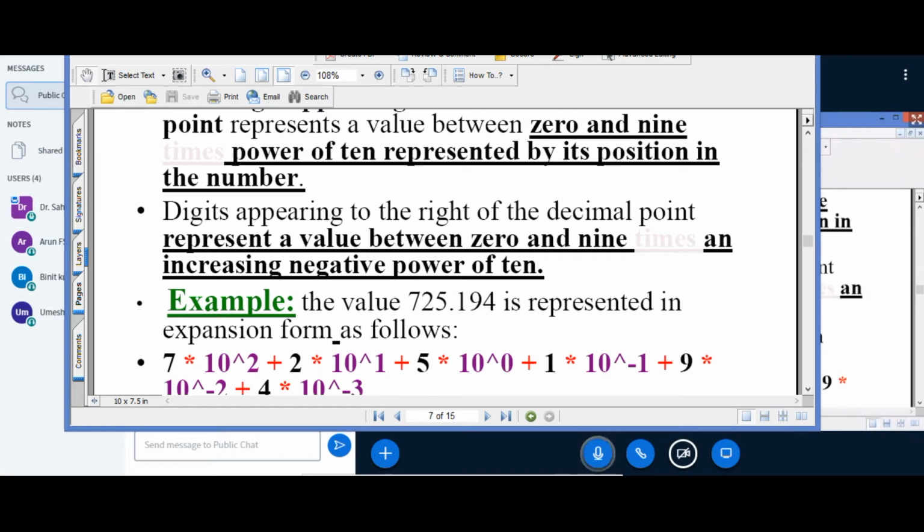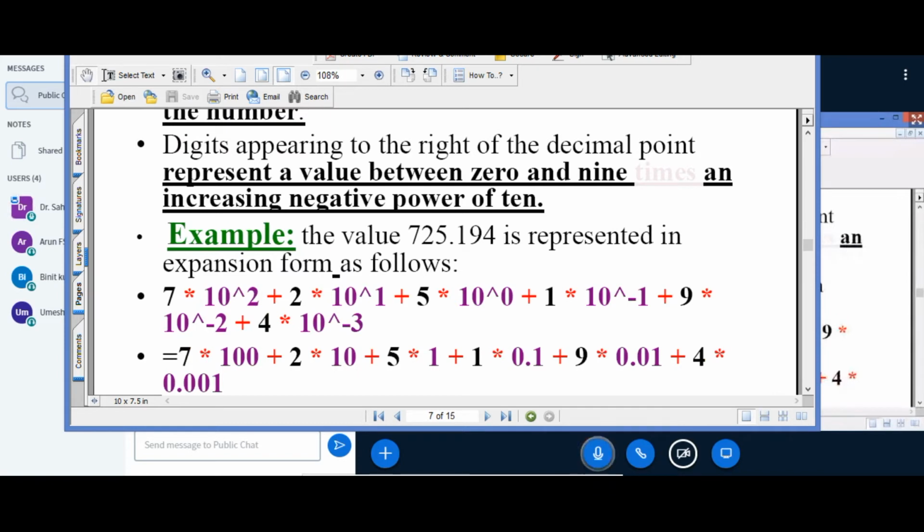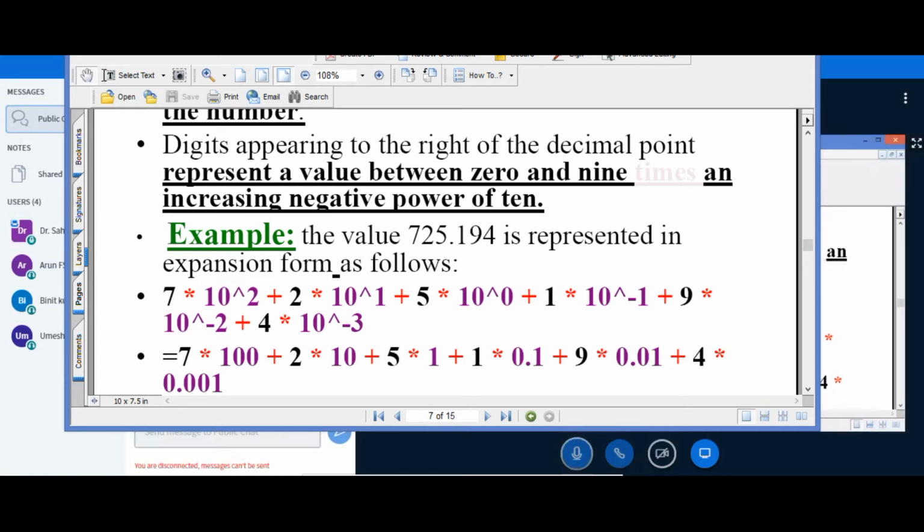So if I divide 1 by 10, it becomes 0.1. For the 9 representation, we have to divide this number by 10 to the power 2, or 9 into 10 to the power minus 2. So 9 into 10 to the power minus 2 is nothing but 0.09. So total, if I add this, it becomes 0.19.